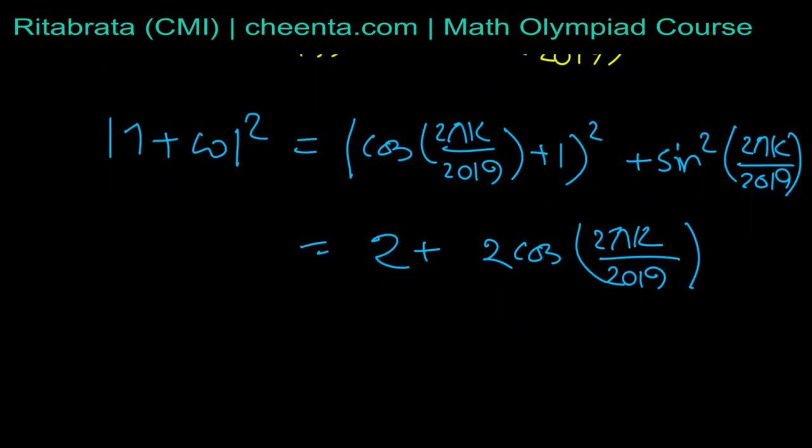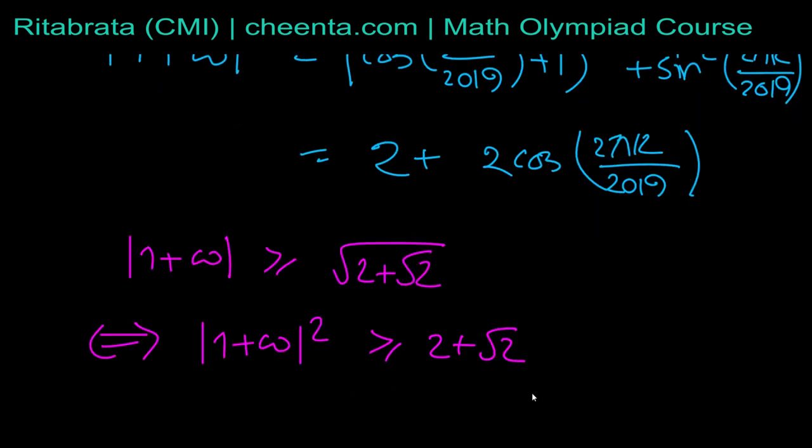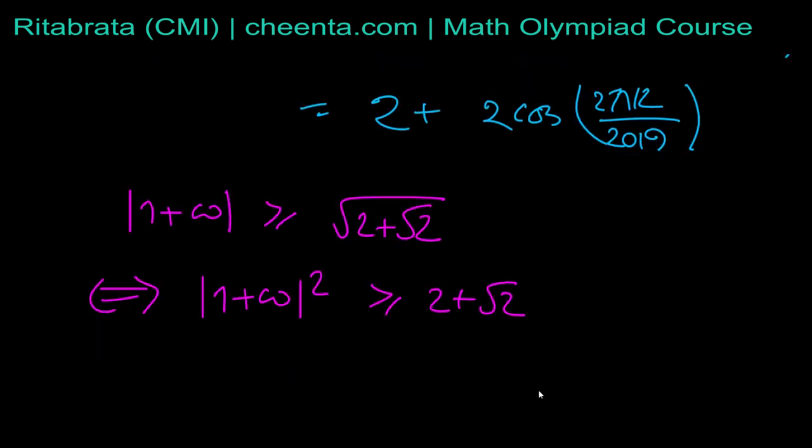Now mod of 1 plus omega is greater than or equal to root over 2 plus root 2 if and only if their corresponding squares satisfy the same property. That is, if and only if mod of 1 plus omega whole square is greater than or equal to 2 plus root 2. That means 2 plus 2 cos 2 pi k by 2019 is greater than or equal to 2 plus root 2, and the 2's cancel out.